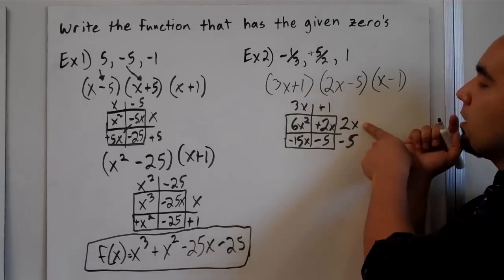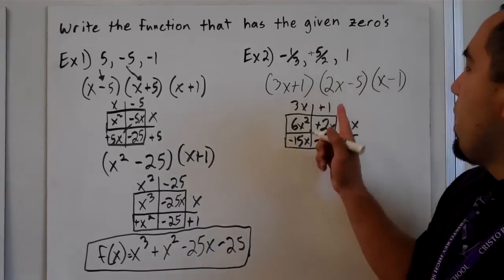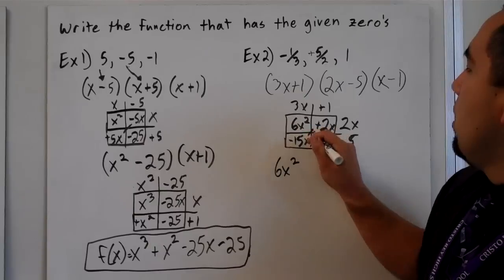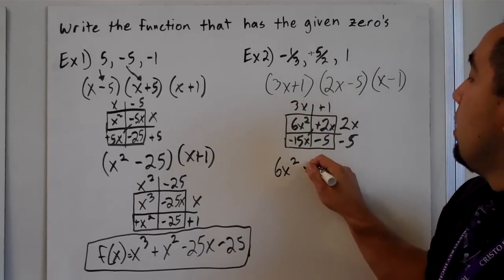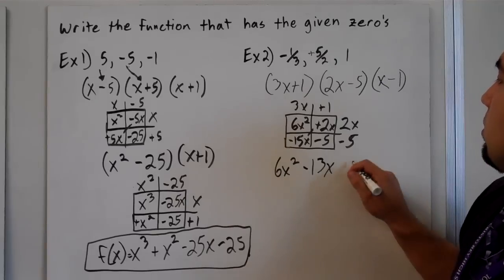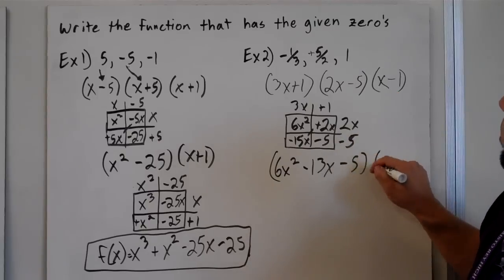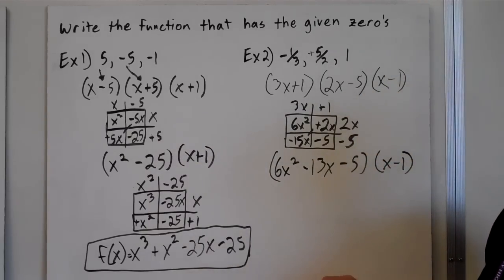This time, because my exponents are both to the same power, my diagonals do add together. We get 6x squared, negative 15 plus 2 is negative 13x, and plus 5. Again, I still have another multiplication to do.